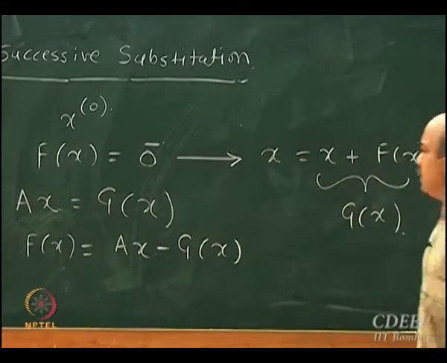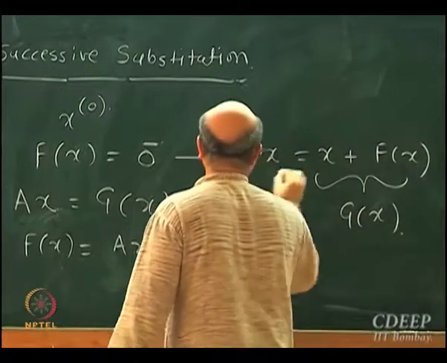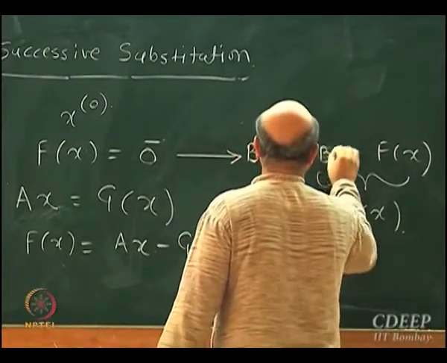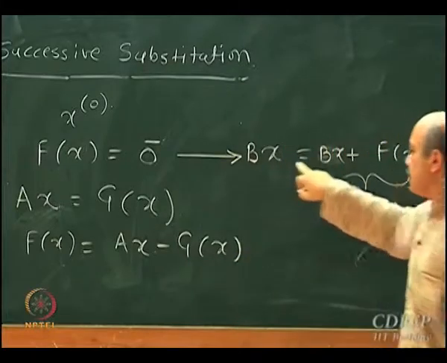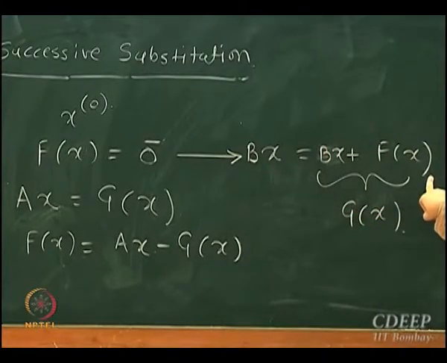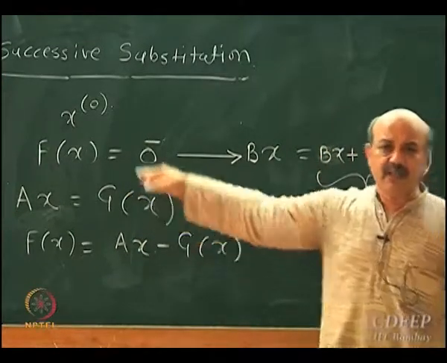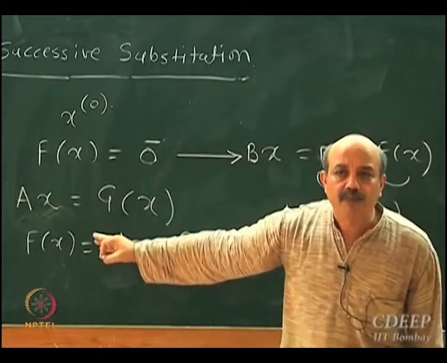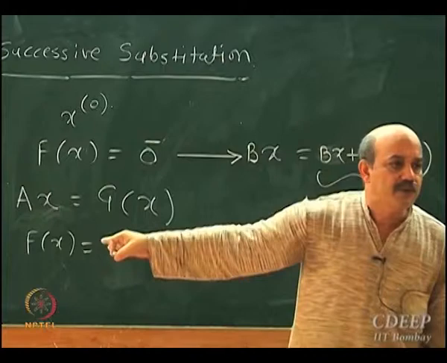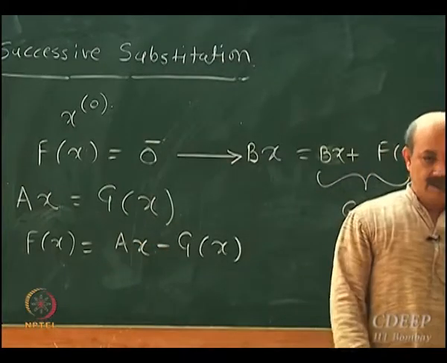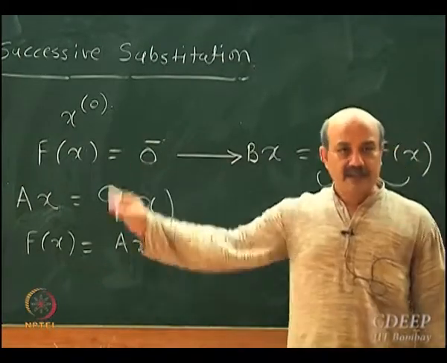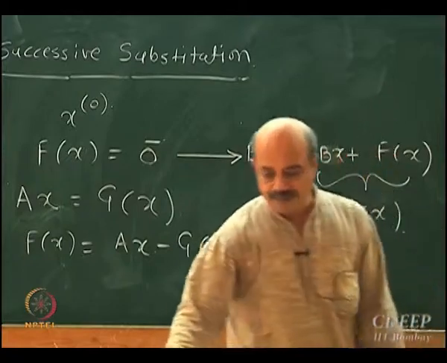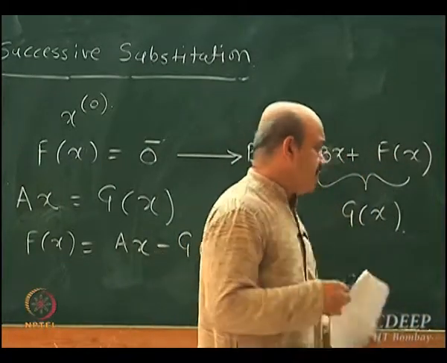Or I could do in general some matrix here, B x is equal to g of x, so the form is the same. So I can either do this transformation, or in some cases the problem discretization will yield this kind of a form, depending upon what kind of structure the problem has. So you get this special form. Now what can I do with this?